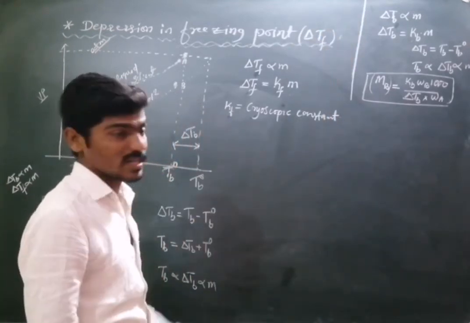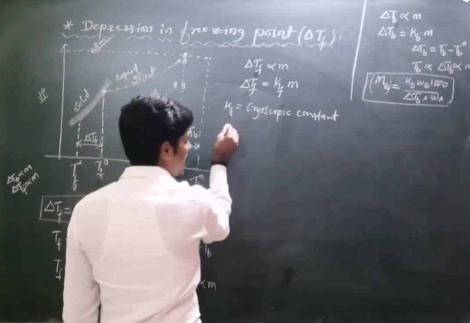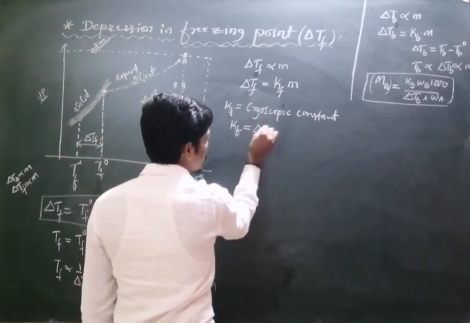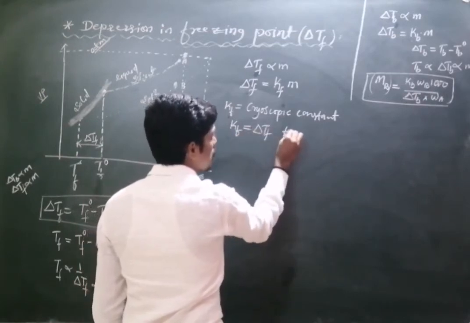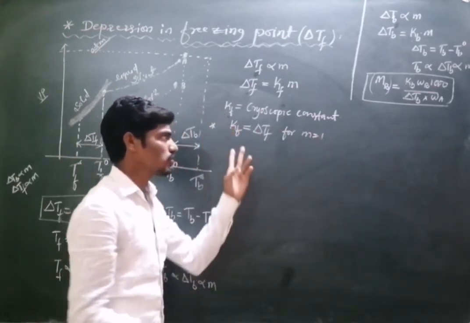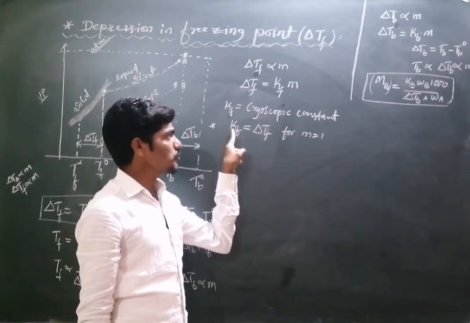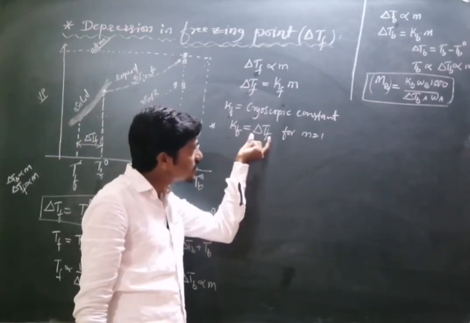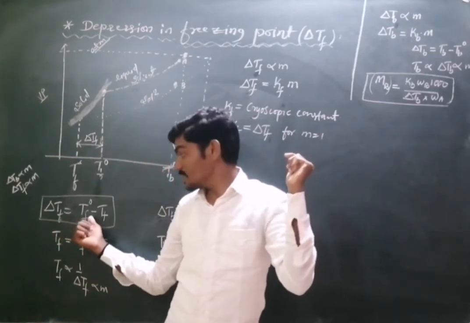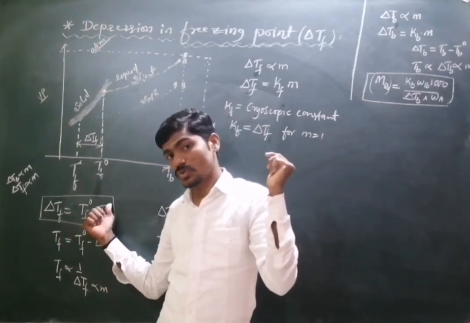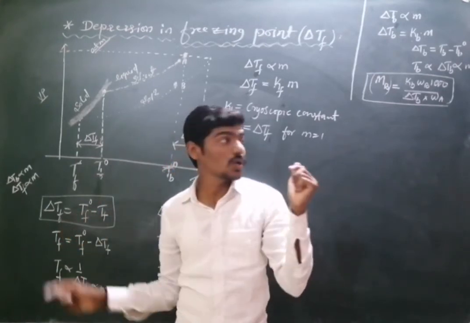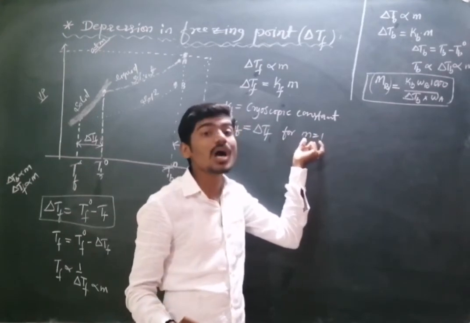Then what is the definition of this cryoscopic constant? Kf can be defined as Kf is equal to delta TF for molality equal to 1. This is the definition. Cryoscopic constant can be defined as the difference between the freezing temperatures of solution and solvent for a 1 molal solution.